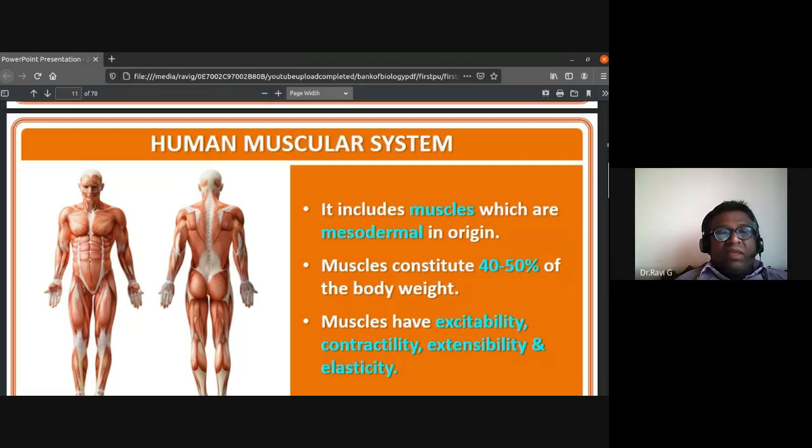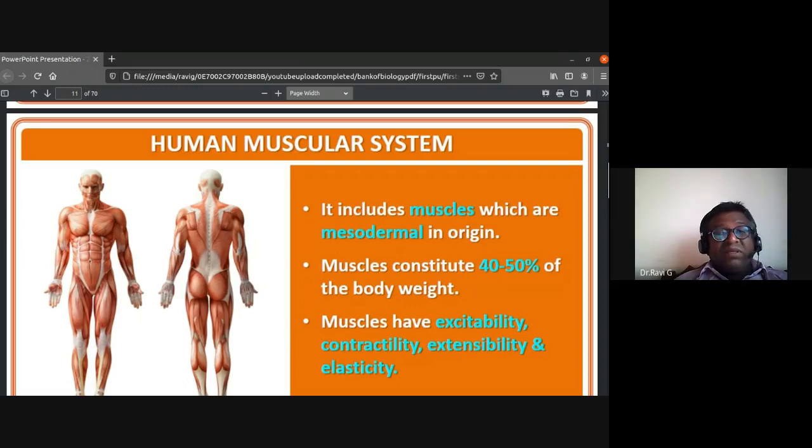So during the formation of the embryo, the mesoderm layer is responsible for the development of muscles. Muscles constitute 40 to 50% of our body weight. Muscles have the properties of excitability, contractility, extensibility, and elasticity.